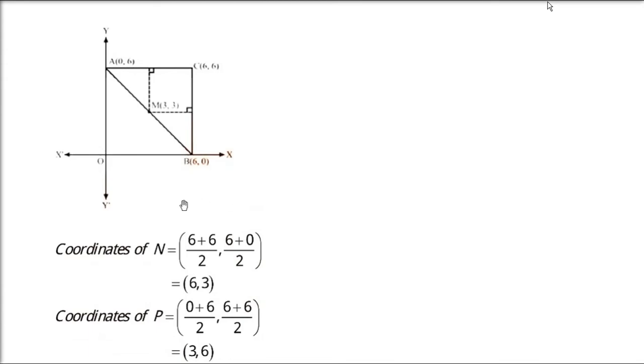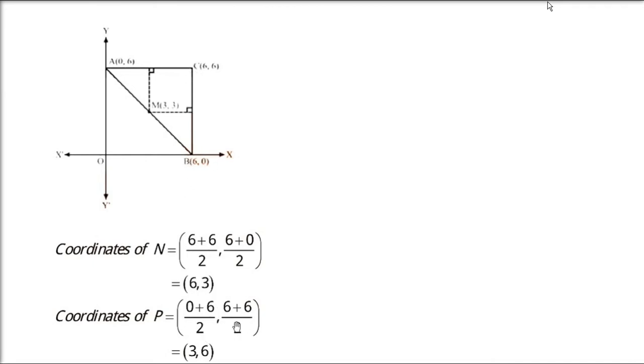So let me take, say, AC. What is the midpoint? 0 plus 6 by 2 and 6 plus 6 by 2. This is the midpoint, and we have a perpendicular, because I am saying perpendicular bisector. And this 6, 6 and 6, 0. So 6 plus 6 by 2 and 6 plus 0 by 2. So this one will be 6, 3 and the other will be 3, 6.